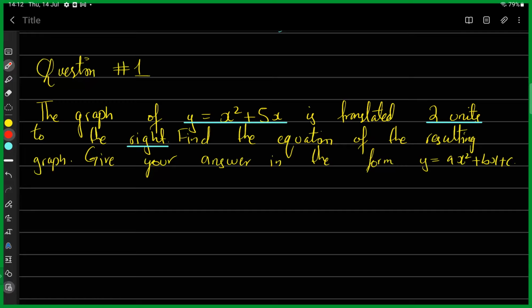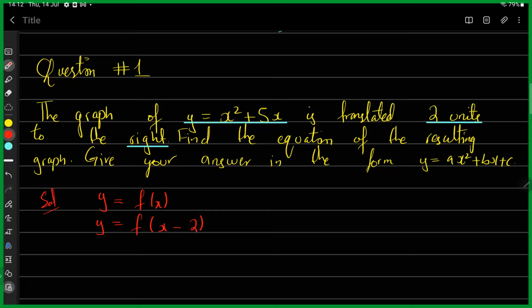Let's talk about the solution. It is y equals f of x, and when we are translating it 2 units to the right, it would become y equals f of x minus 2.